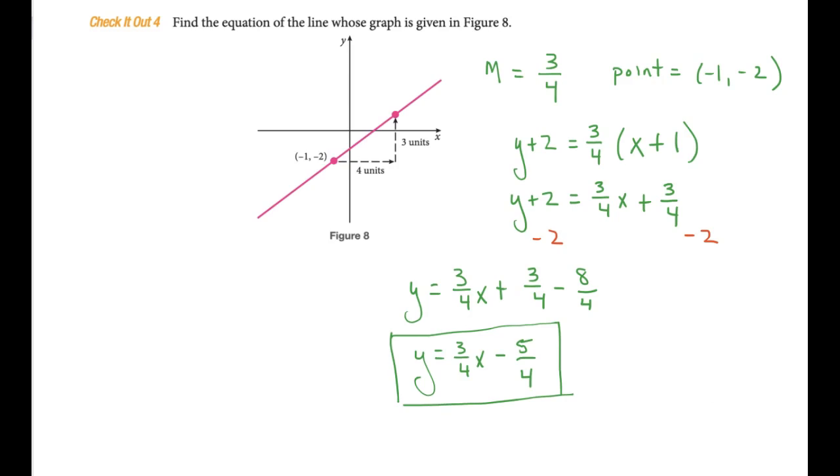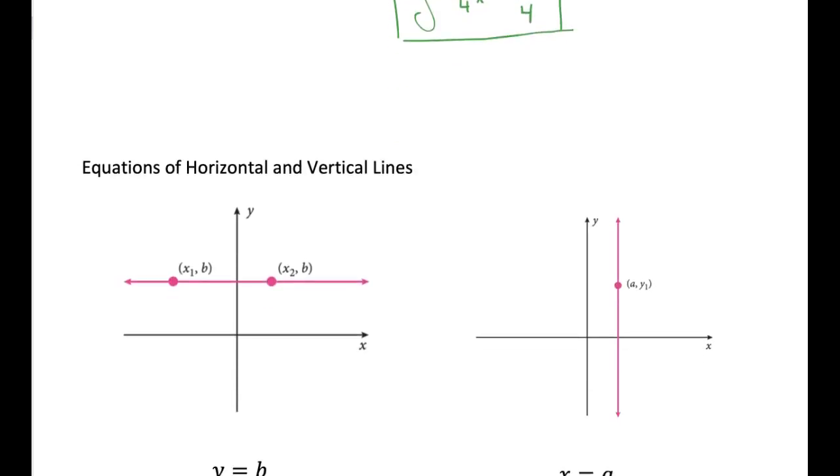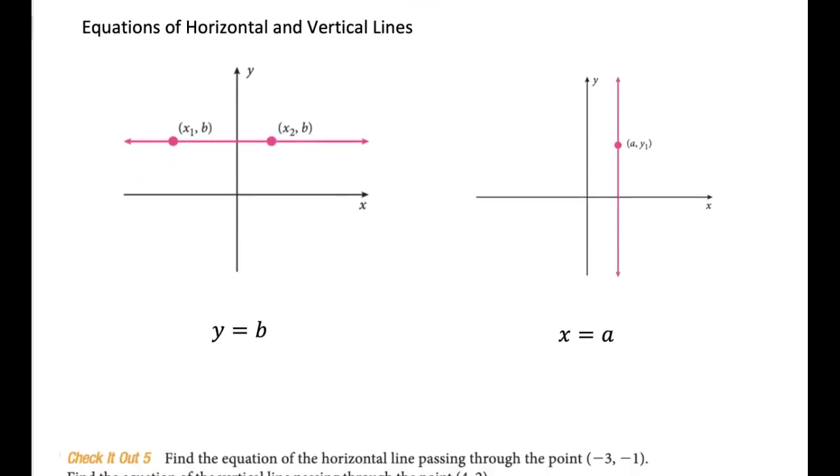Okay, so next I'm going to talk about equations of horizontal and vertical lines. I've already talked about this a little bit because I got ahead of us in the last video and had to do some problems that involved them. So I just wanted to point out that when we have a horizontal line, the y doesn't change. So in this visual right here, one point is x1, b and the other one is x2, b.